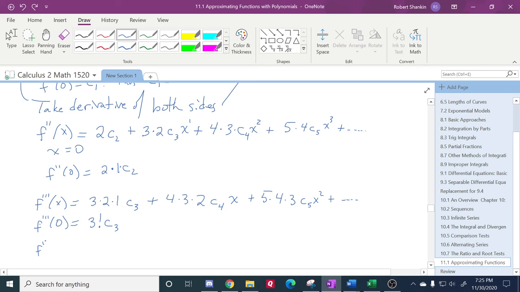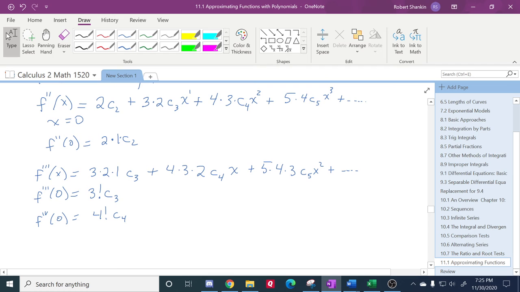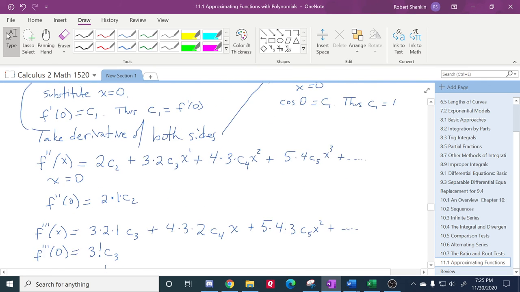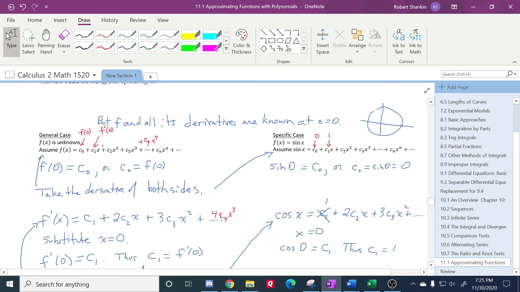The fourth derivative at 0 will be 4 factorial C4. And the number on the prime shows up as the factorial right in front of the coefficient. We come back up here and we start to see this.